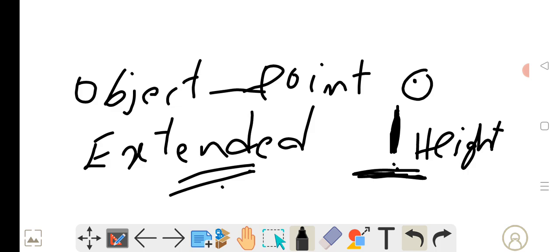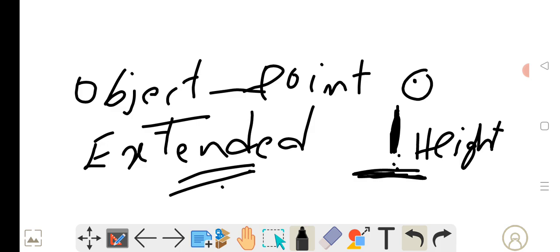Now what we have learned, object means it is the point of intersection of incident rays. So if you are telling anything is an object, from there you have to take the incident rays. Next, the image is formed. Now, incident rays, you generally will have three types.